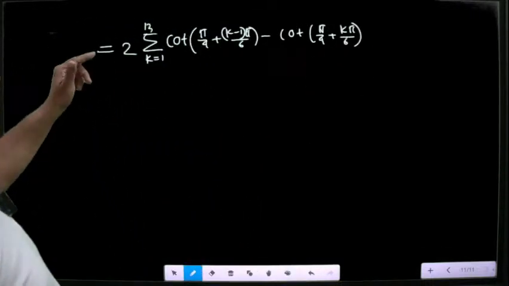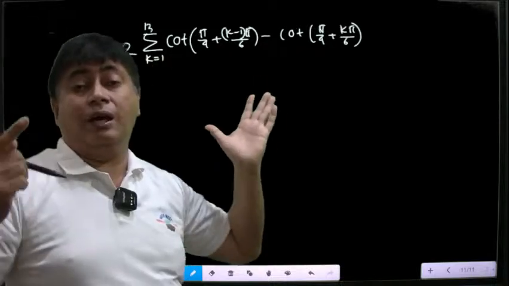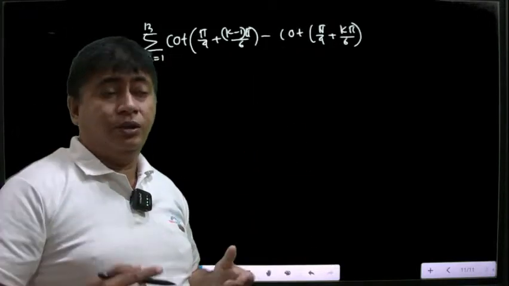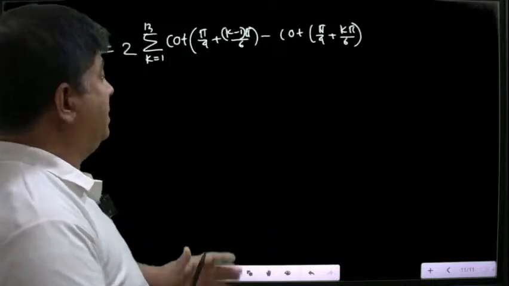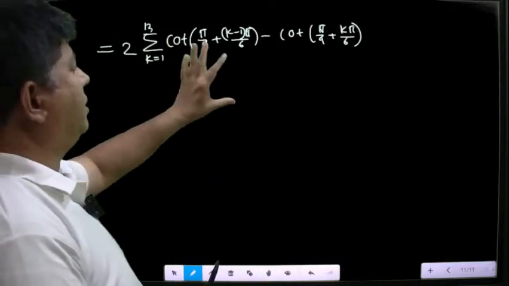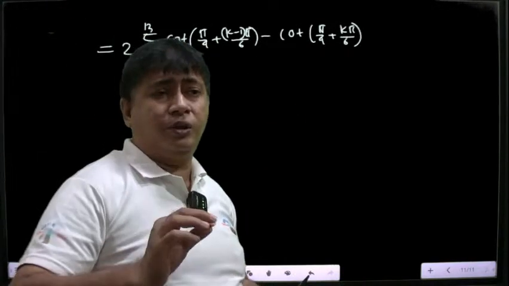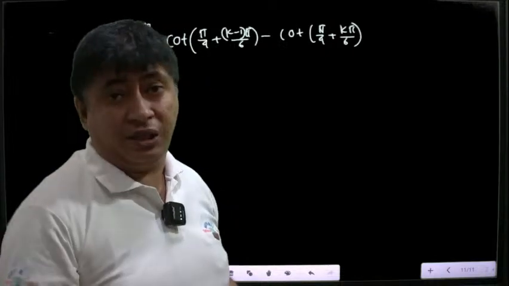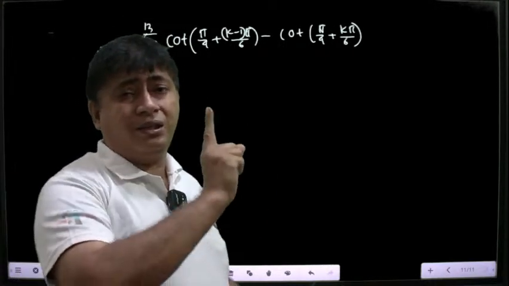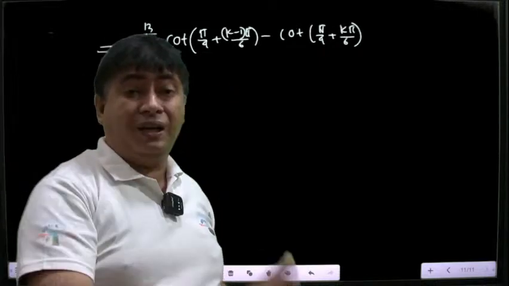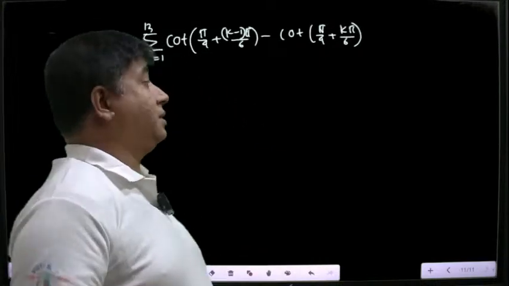Now keep on putting the value of k up to 13. So does it seem to you a big job? No. See, put the first 3-4 terms and see the trend of cancellation. Once you come to know the trend of cancellation, just cut all the terms but the first and last term.